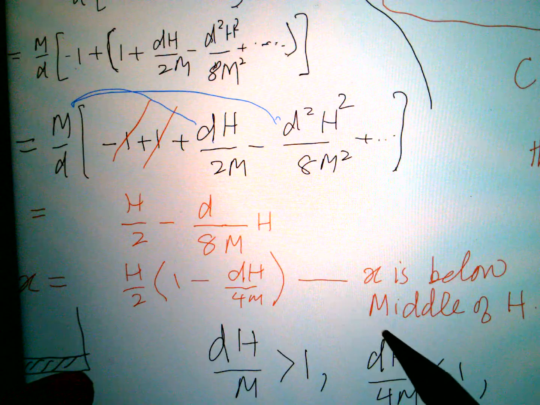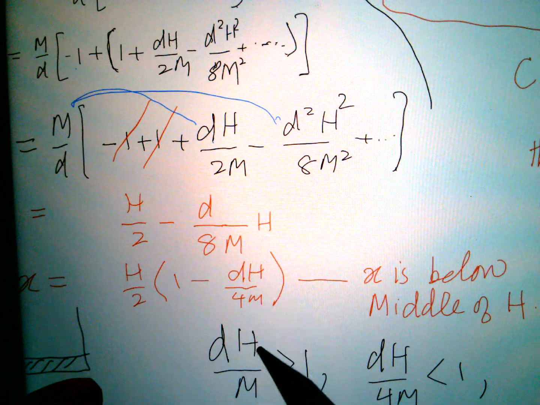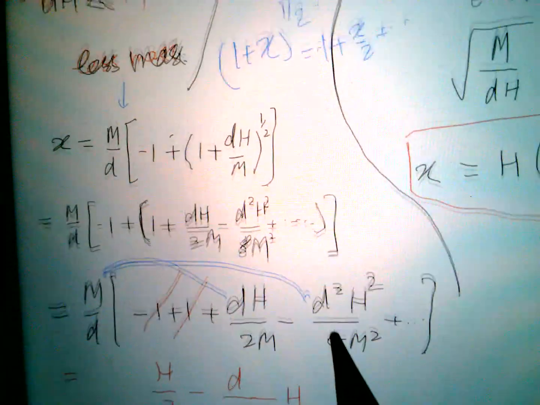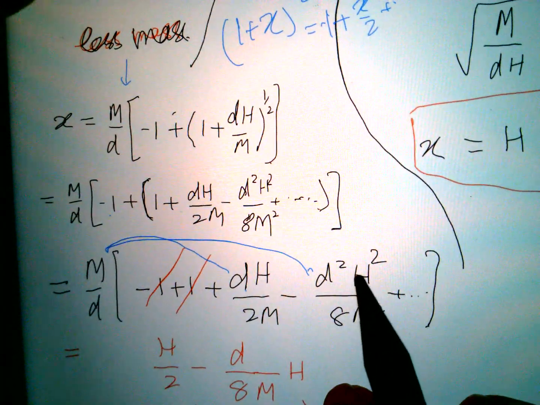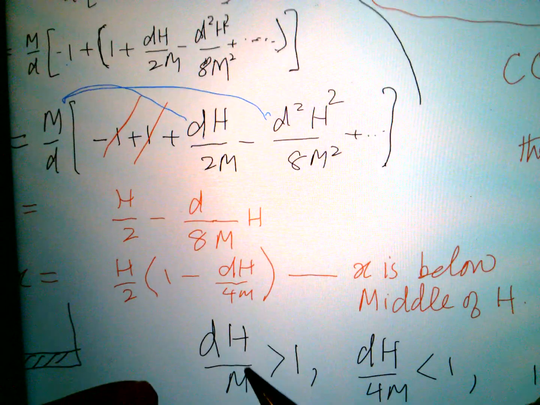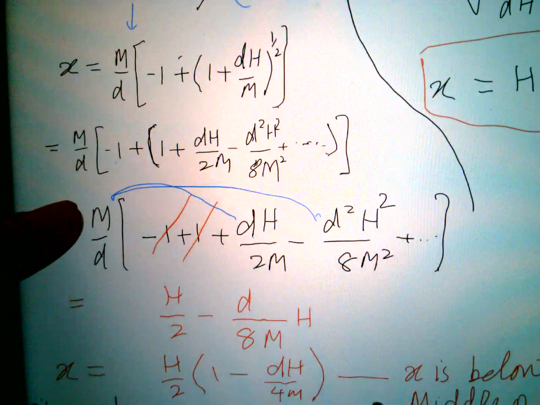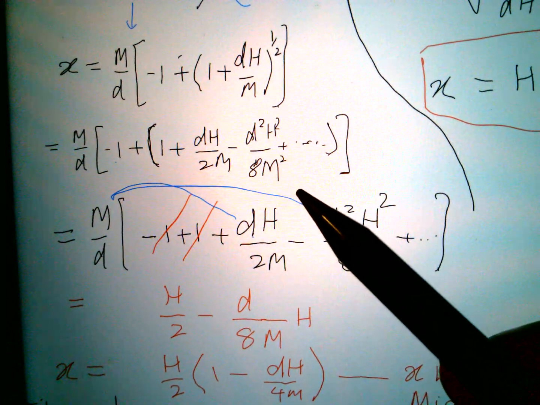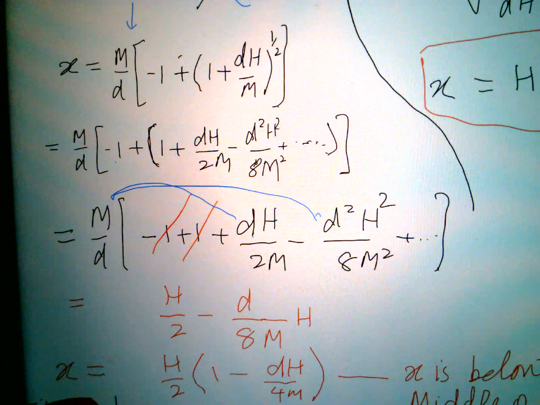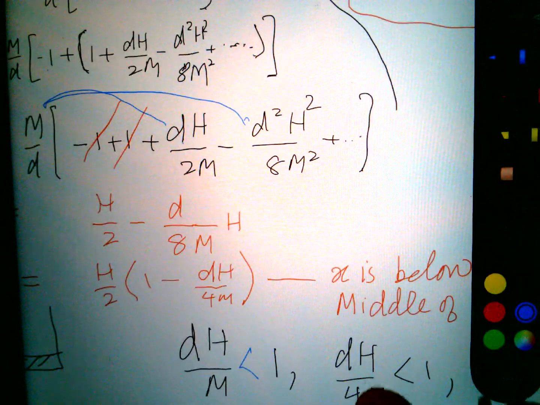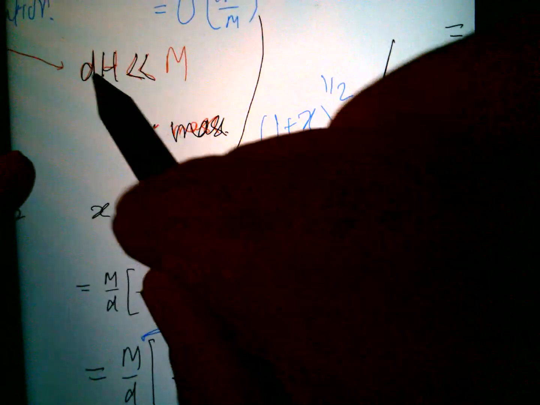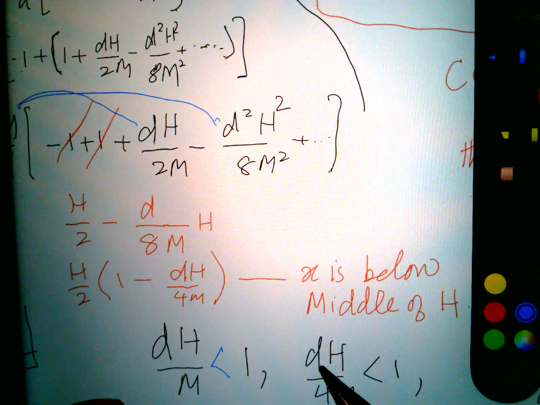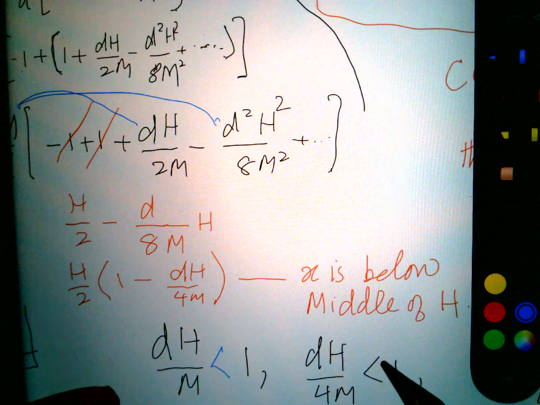So dh over m is less than 1. So dh over 4m is further less than 1.